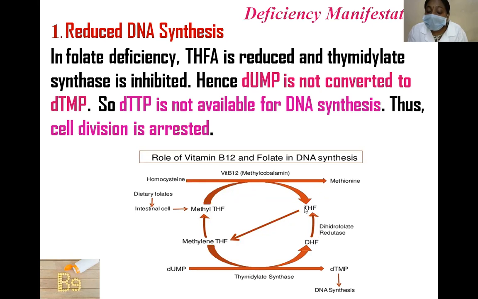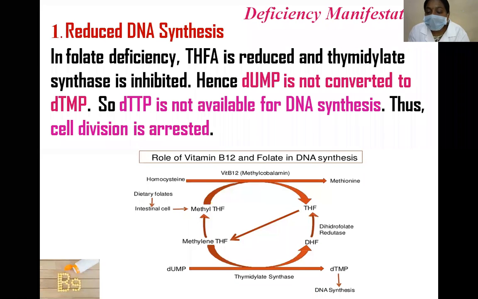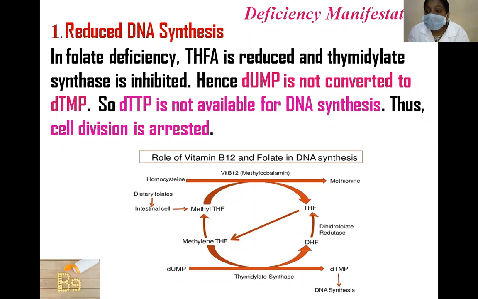Tetrahydrofolate is used by thymidylate synthase, and dUMP is not converted into dTMP, deoxythymidine monophosphate. Finally, dTTP is not available for DNA synthesis. Thus, cell division is arrested.